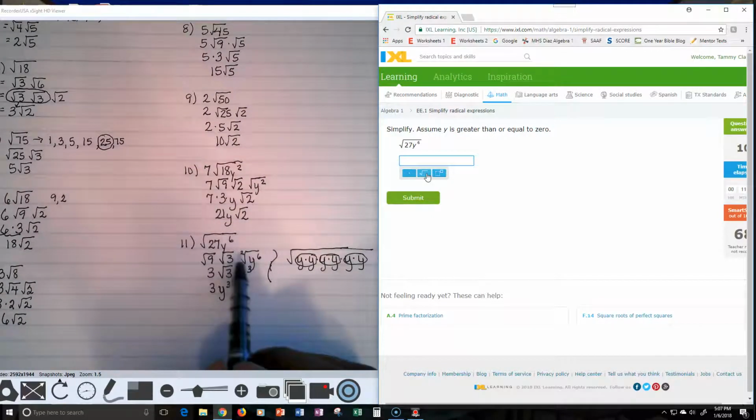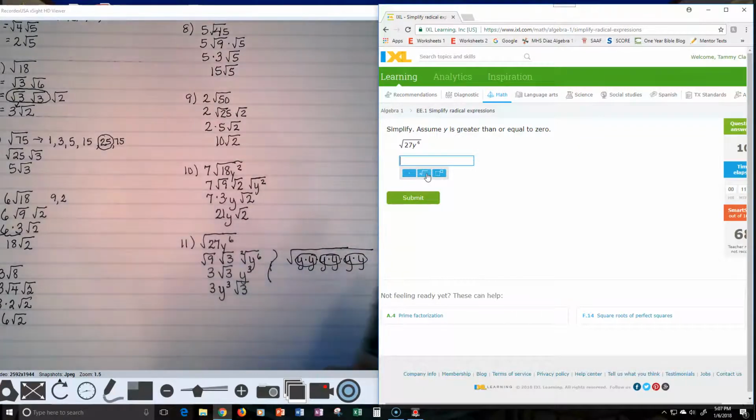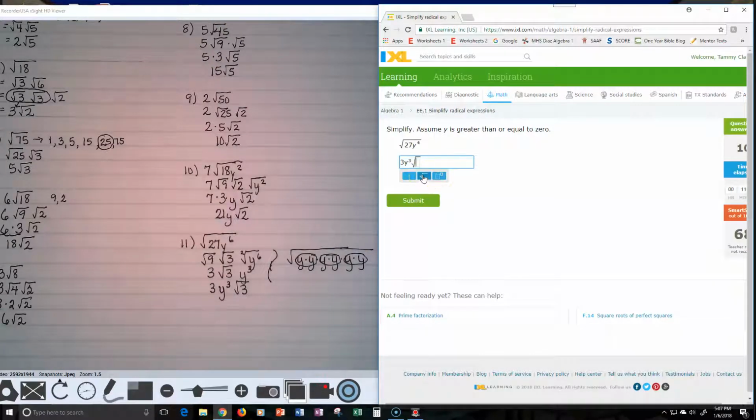That's why I can take whatever the root is, divide it into the power, and find out how many pairs or cubes or whatever I have in there that I can take out. And whatever's left over stays under the root. So my answer here would be 3y cubed and then root 3.